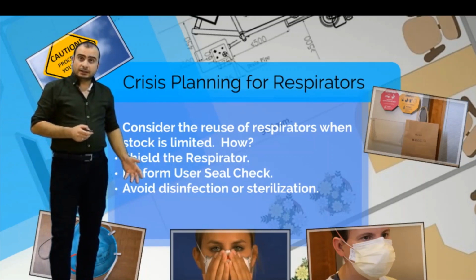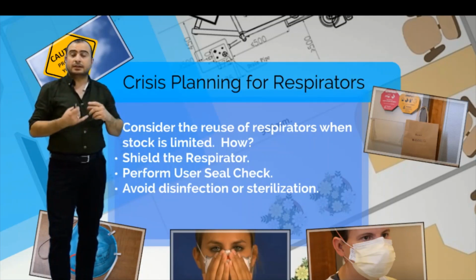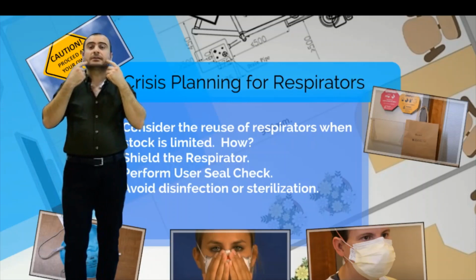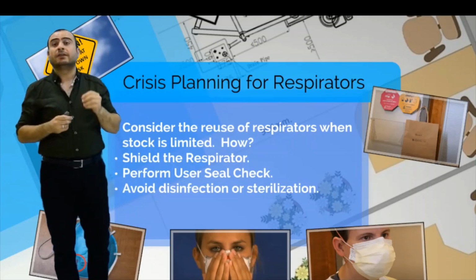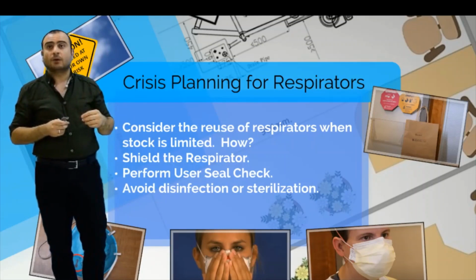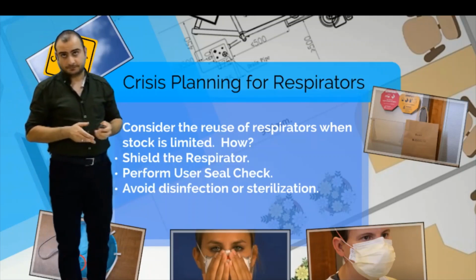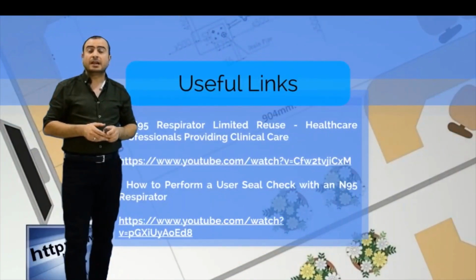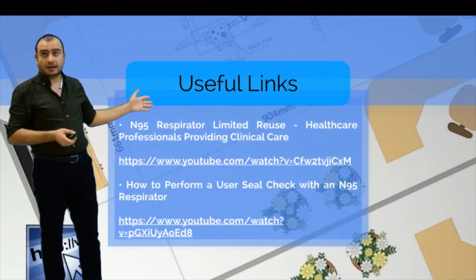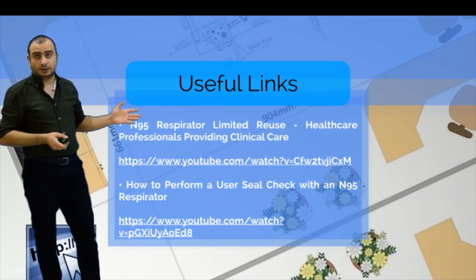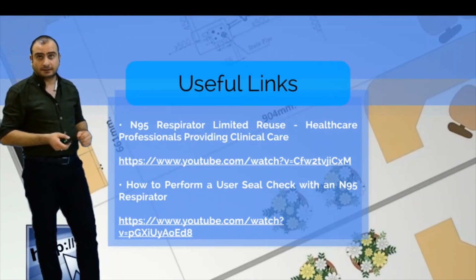We also need to check the respirator straps and the nasal bridging components and the respirator as a whole. If there is any sign of damage or obvious contamination, it should be disposed. These are useful links that I have found on YouTube regarding the reuse or the limited reuse of N95 respirators.